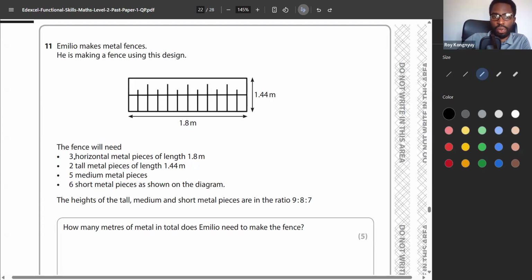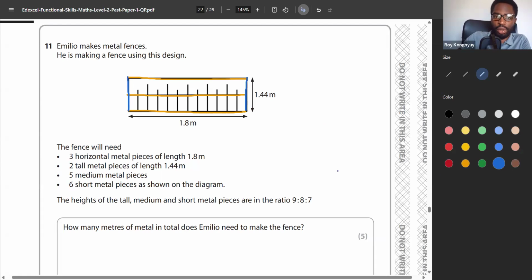So let's look at this very carefully here. So we have 3 horizontal metal pieces of length 1.8 meters. These are the 3. We have 2 tall metal pieces here and here.